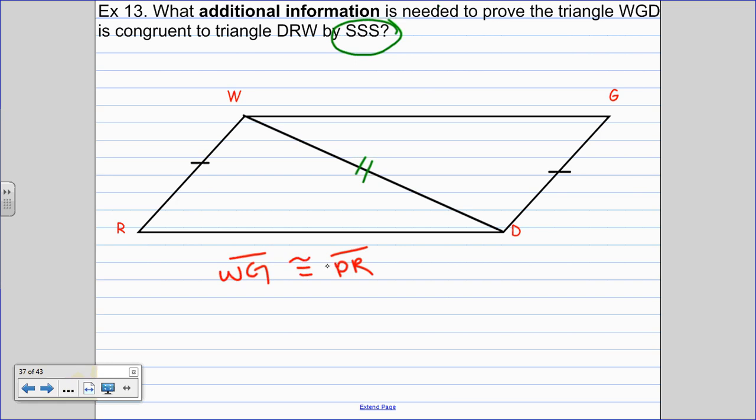W corresponds with D, G corresponds with R. Order matters, ladies and gentlemen.